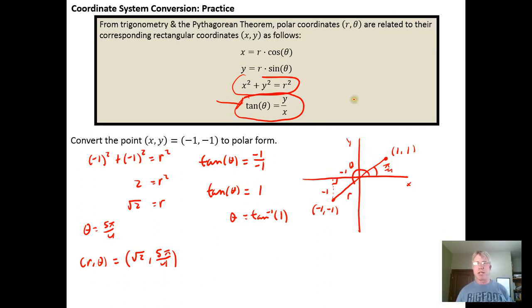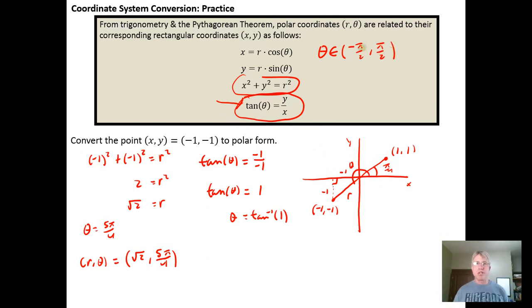If we remember from trigonometry, we had to restrict the domain of the tangent function to construct the tangent inverse function. So if you use the tangent inverse function on your graphing calculator or in GeoGebra Classic 5, which we've been using for this course, the calculator or the computer algebra system is only going to give you angle outputs on the open interval from negative pi over 2 to pi over 2.